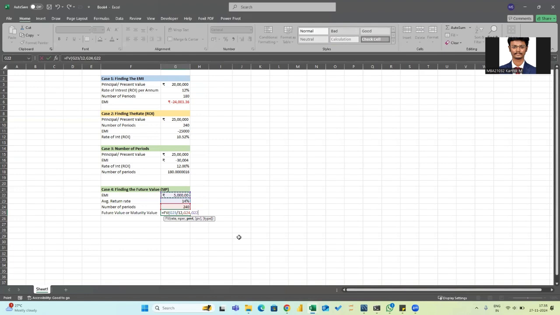PMT is this. And let's close it. So for an investment of 5,000 per month for 20 years with an average return rate of 14%, it is 65 lakhs. So this is the power of compounding.